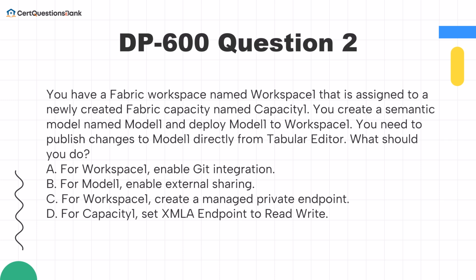A. For Workspace 1, enable Git integration. B. For Model 1, enable external sharing. C. For Workspace 1, create a managed private endpoint. D. For Capacity 1, set XMLA endpoint to read-write.